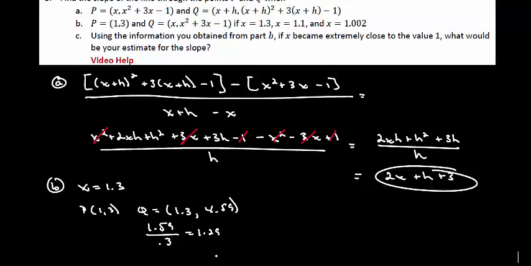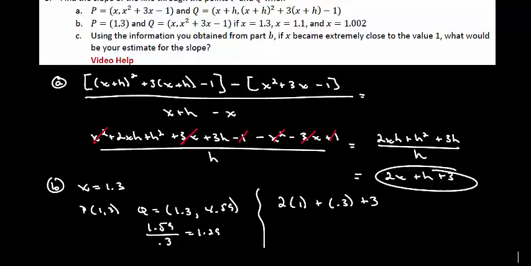Now another way of doing this is to take our equation over here and our x value, that's our initial start, which is 1. So 2 times 1 plus our h value, which is our change in our x's. So that's how far we went over, which is 0.3, plus 3.